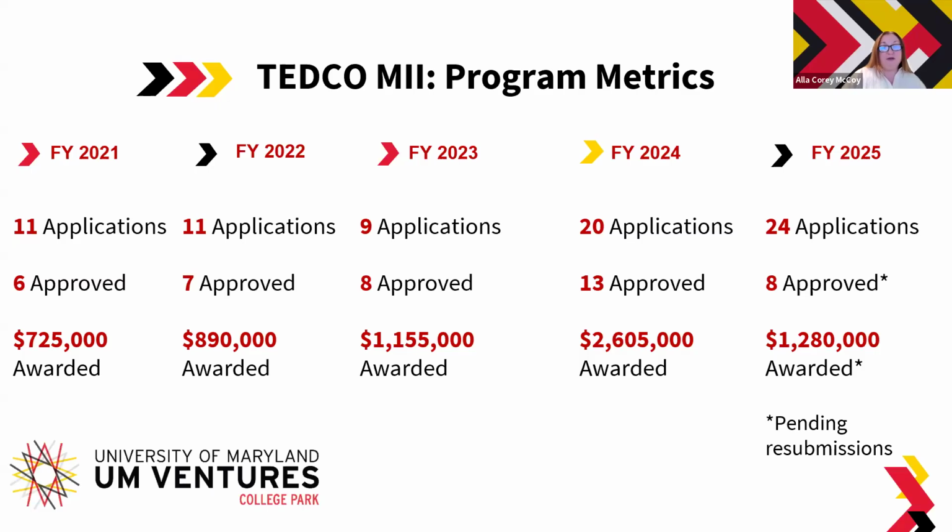It dropped in FY25 because other funding sources started drying up, and many researchers at all universities turned to MII as funding that was still available, and the number of applications surged. Since they're going for the same amount of money, obviously the success rate dropped. However, it is still fairly high.